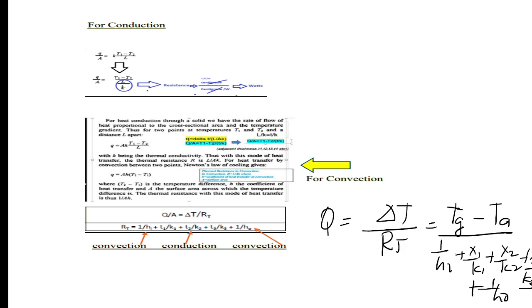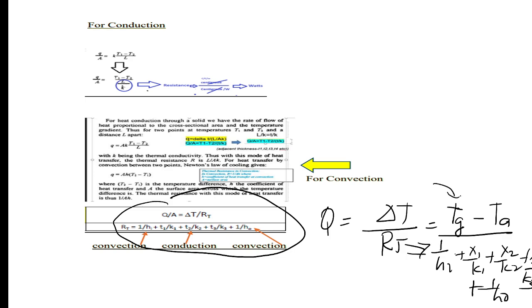So this is delta T over RT, where RT is the total resistance.